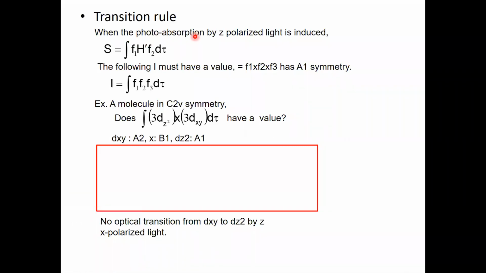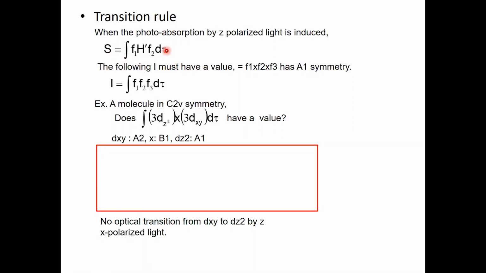When photo absorption by, let's think about depolarized light, is induced, the integral is S equals the integral in space of F1 H prime F2.